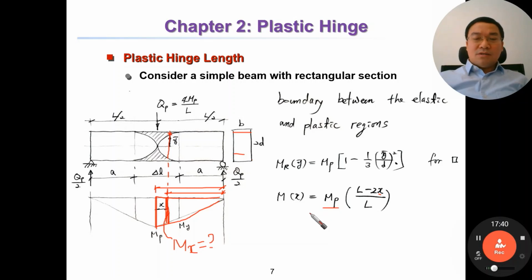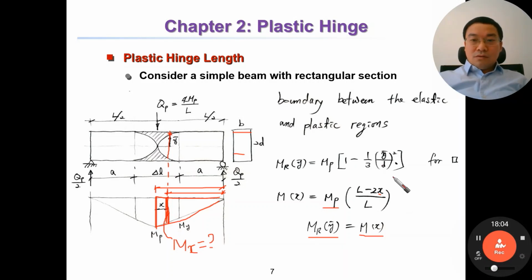And of course, Mr y upper line should be equal to Mx. Moment on the section should be equal to moment on the structure, moment diagram. So this one equal to this one.